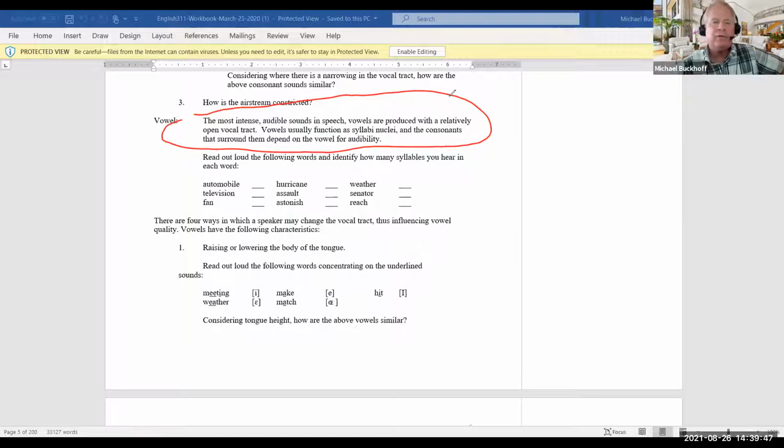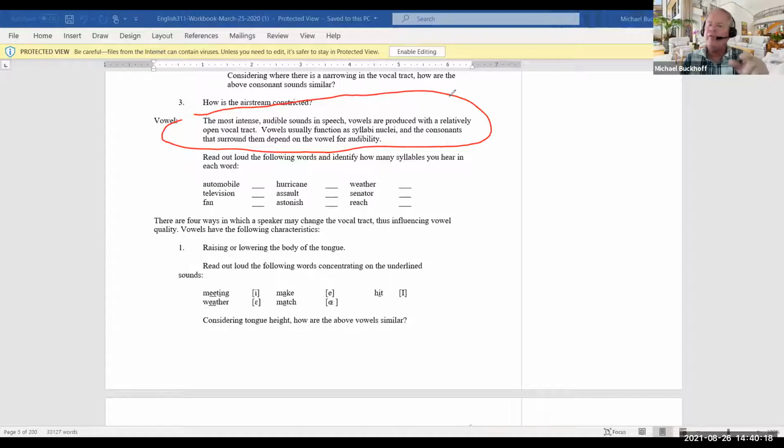On the other hand, vowels are the most intense audible sounds in speech, produced with a relatively open vocal tract. Vowels typically function as syllable nuclei, and the consonants that surround them depend on the vowel for audibility. We can demonstrate that by looking at some words here. If you can determine the number of syllables in the word, you can also determine the number of vowels in that word.